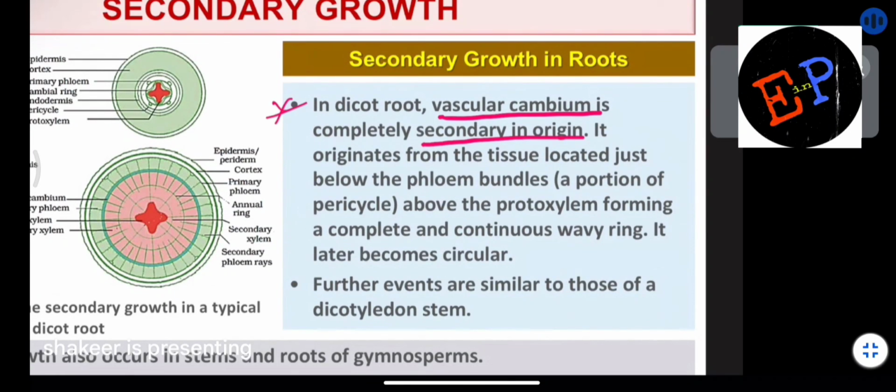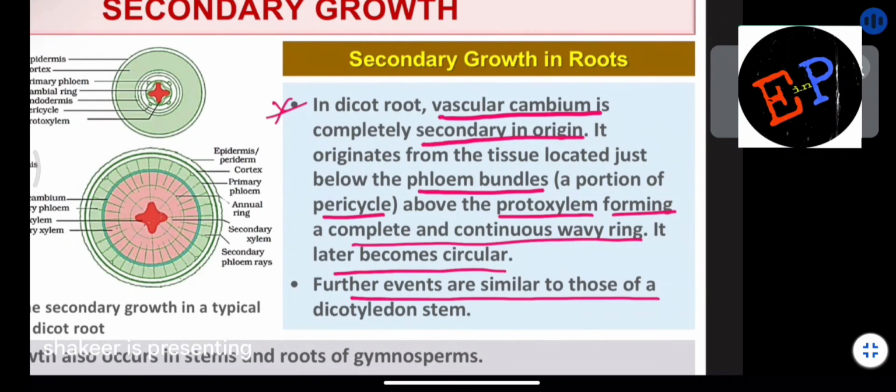So it originates from the tissue located just below the phloem bundles, a portion of pericycle above the protoxylem, forming a complete and continuous wavy ring. It later becomes circular. Okay, ma? Further events are similar to those of a dicotyledonous stem. Are you able to understand, ma? So where is it developed from, ma? It originates from the tissues located just below the phloem bundles.